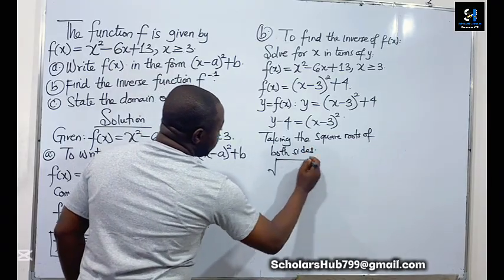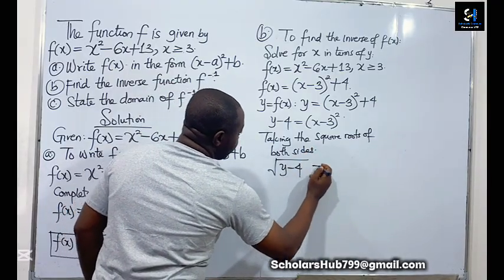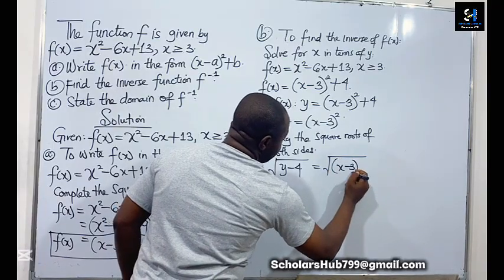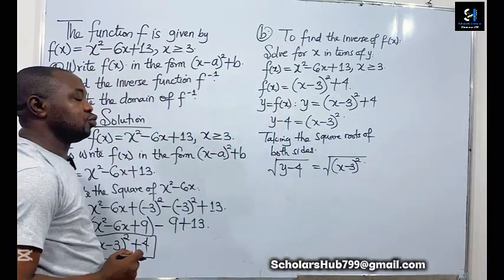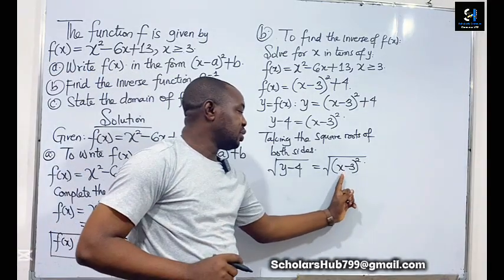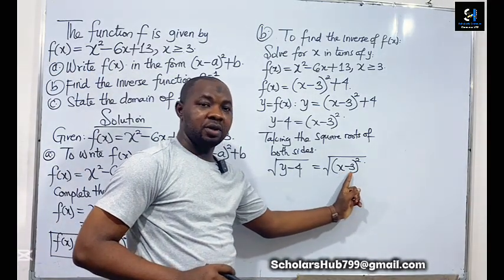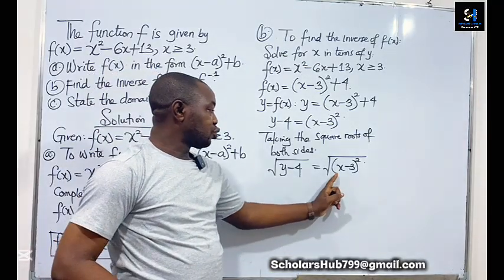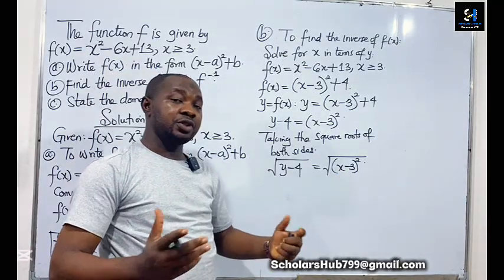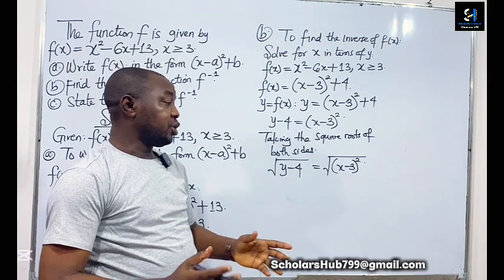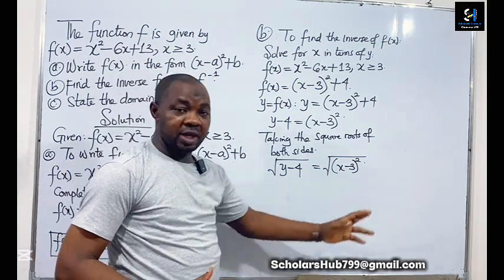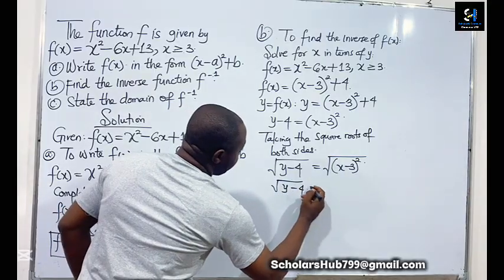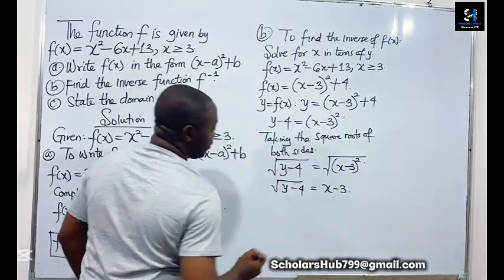This will be the square root of y minus 4 equals the square root of (x minus 3) raised to the power of 2. This term x minus 3 must be non-negative, because the square root of (x minus 3) squared equals the absolute value of x minus 3. So in this case, the square root of y minus 4 equals x minus 3.